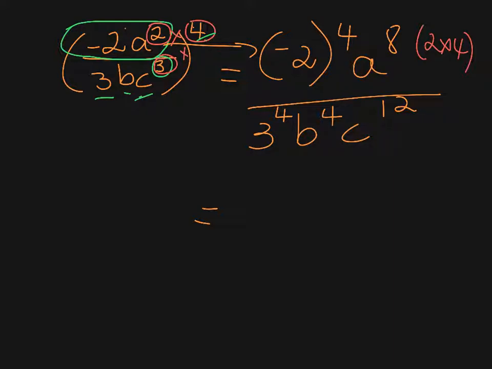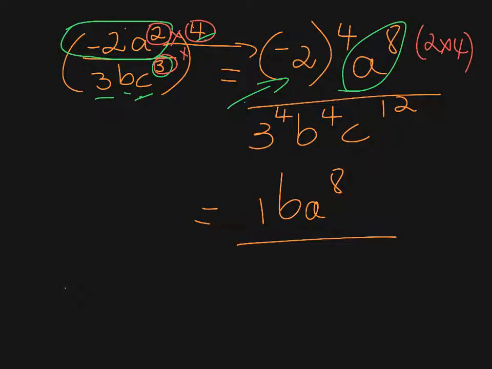When we've got negative 2 to the power of 4, the answer is 16. This number here, we can't simplify any further. So it is 16a to the power of 8.